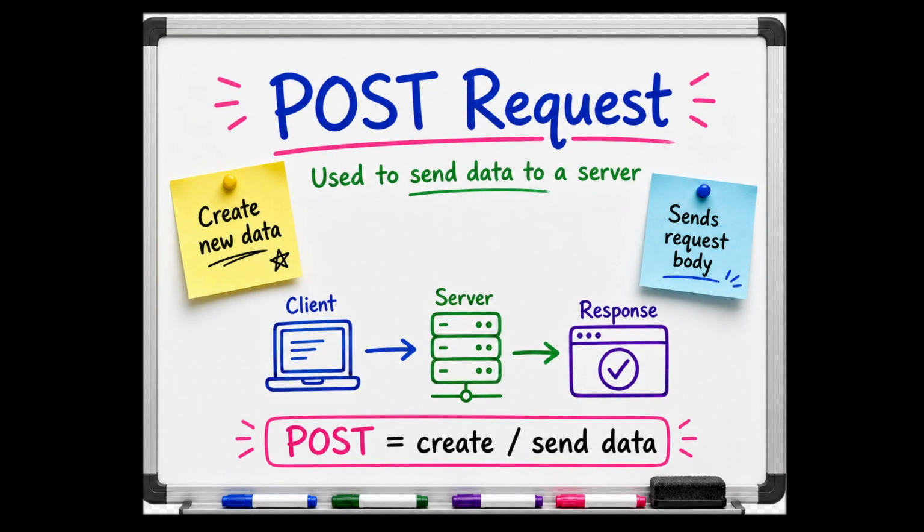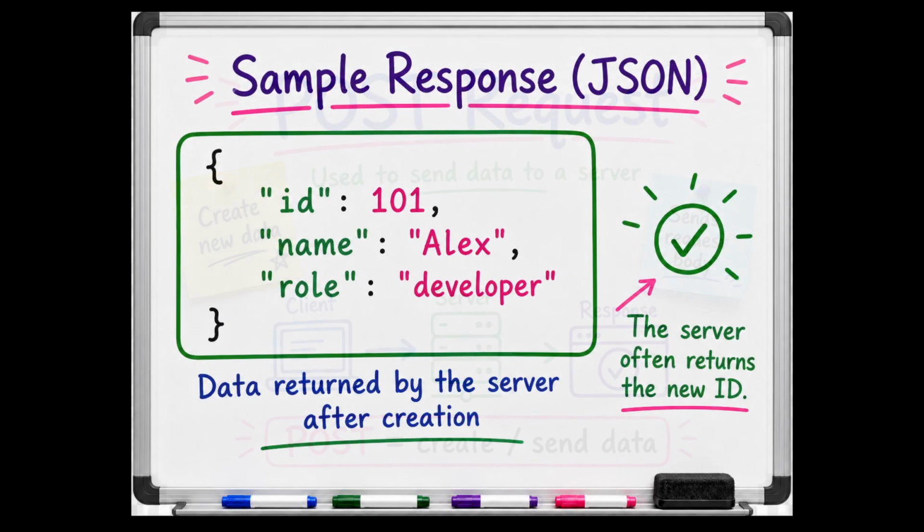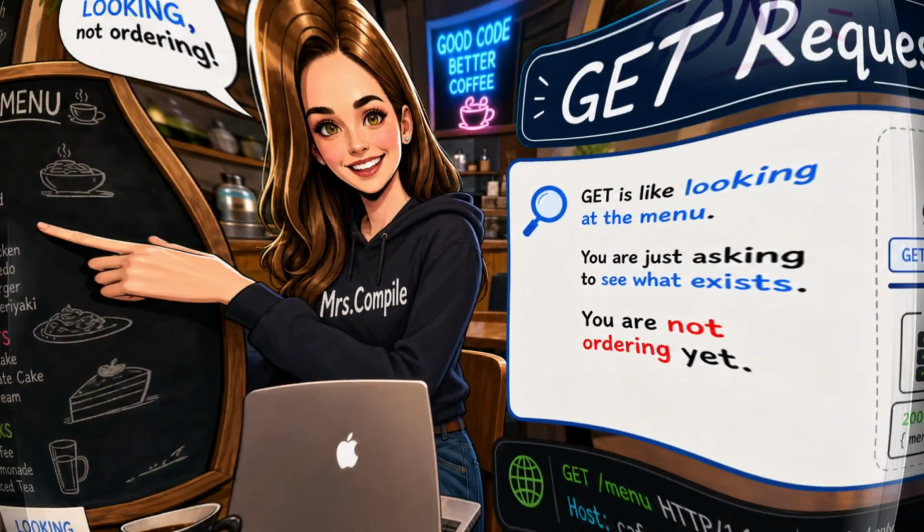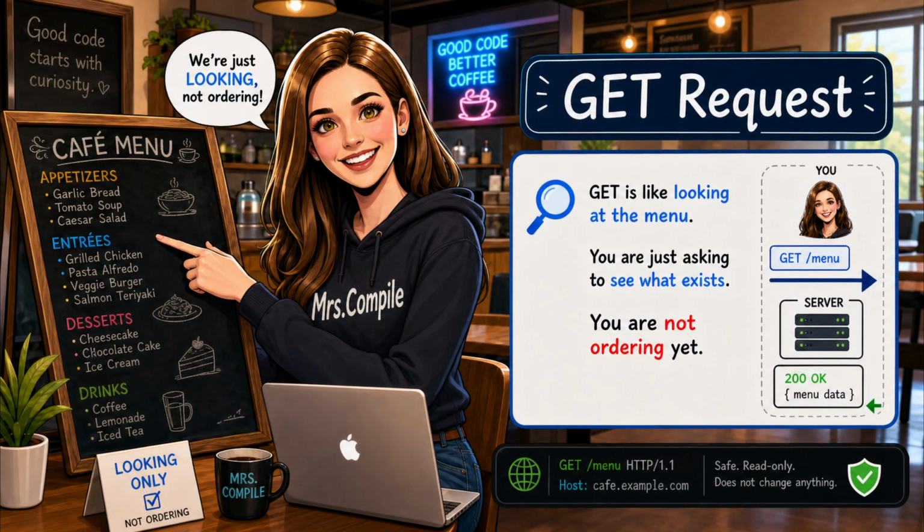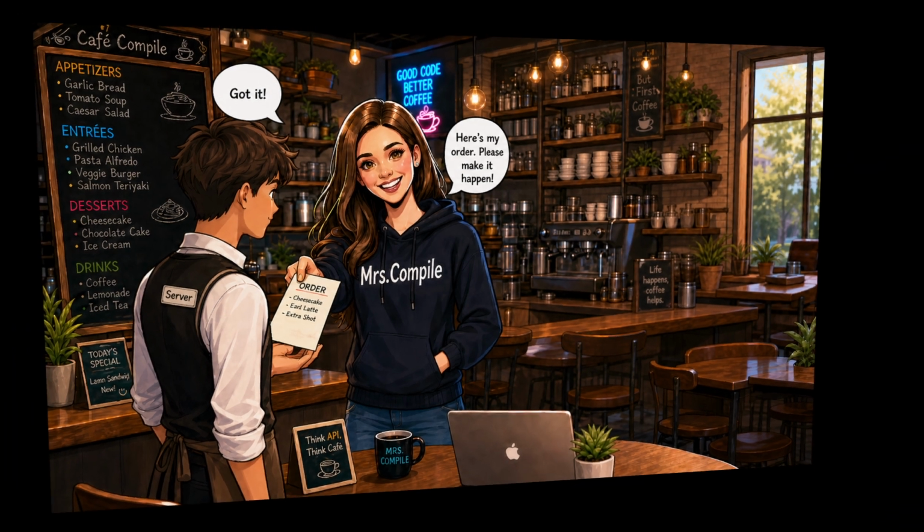So the client sends that data to the server, and the server may create a new record. POST is like handing your order to the waiter. GET says, can I see the menu? POST says, here is my order. Please do something with it.